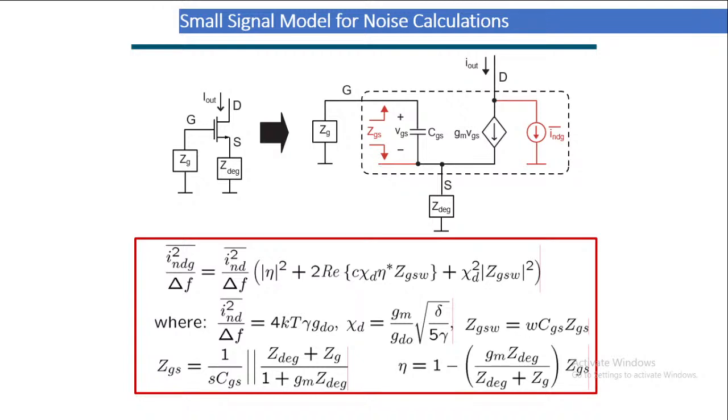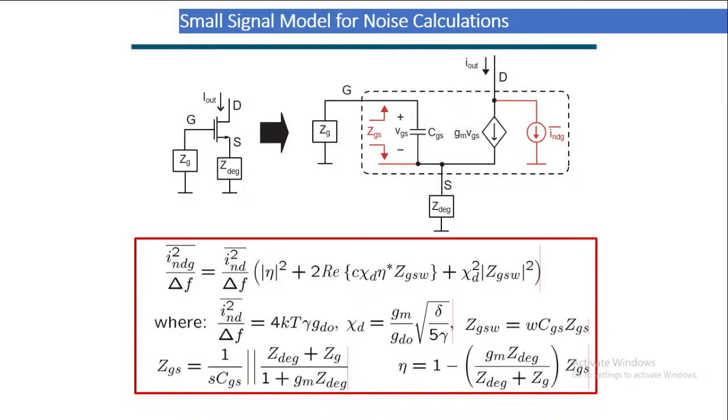Now the variance of this noise, divided by delta F, is equal to the variance of the noise due to ND, divided by delta F, whole into absolute eta square plus 2 times real part of C Z eta star ZGSW plus ZD square, absolute of ZGSW square. So that is the noise.